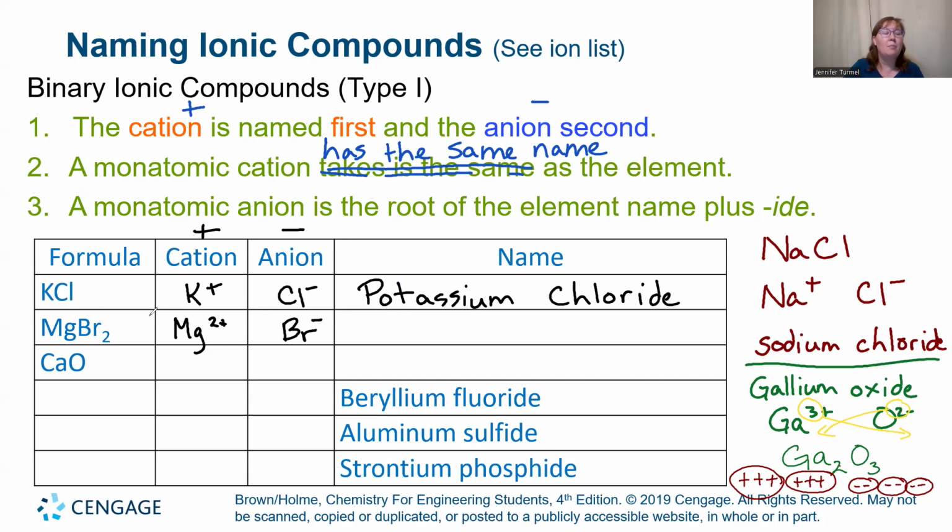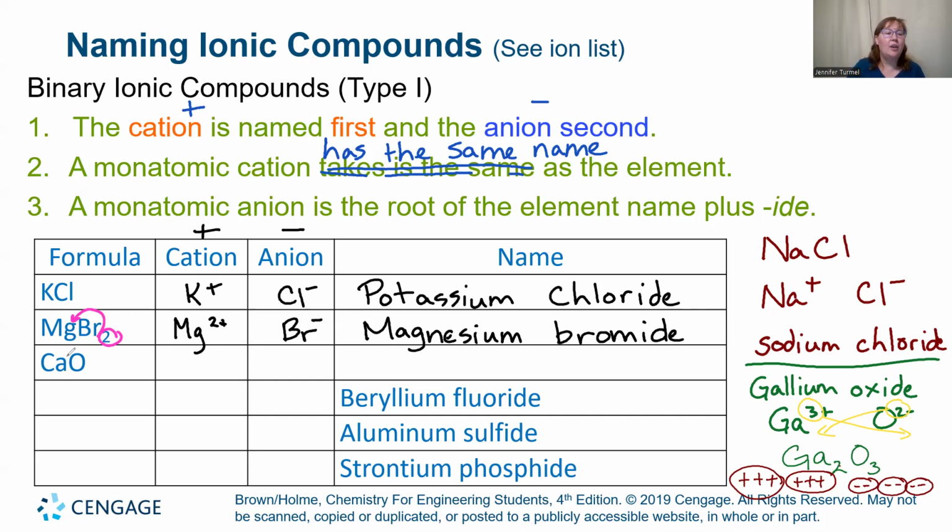Okay. And Br minus. And you can see that this 2 right here ended up right there. Okay. So this becomes magnesium bromide.